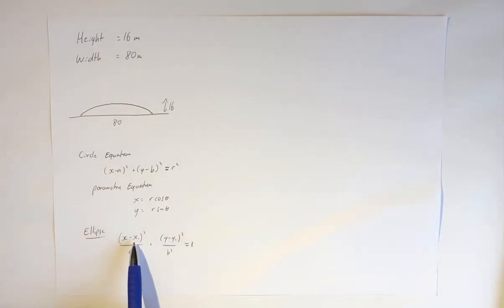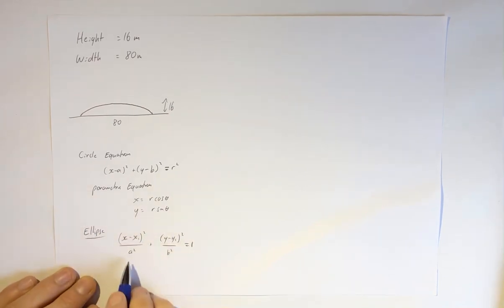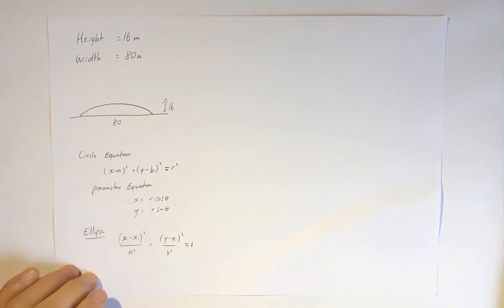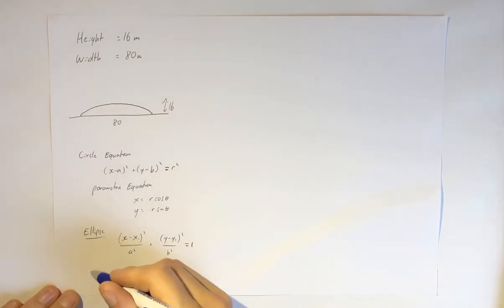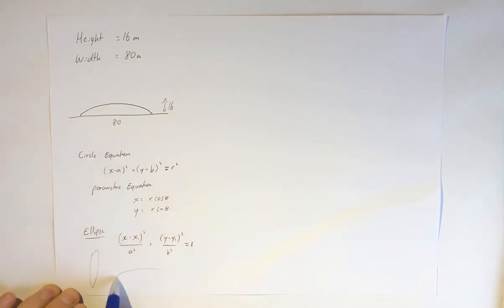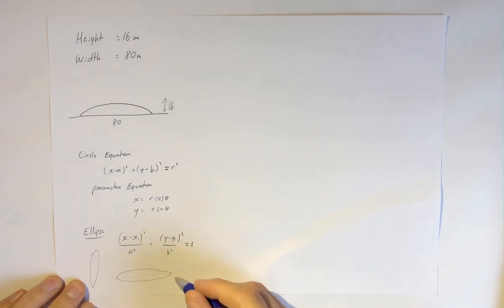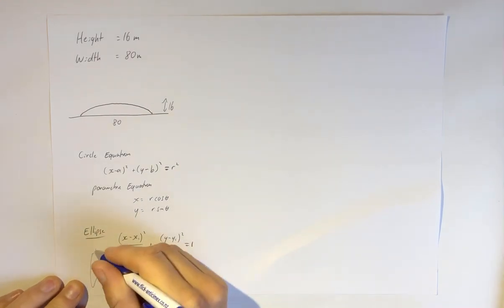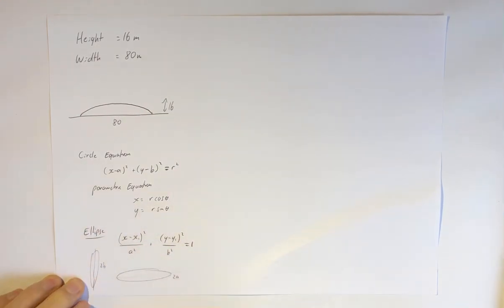This is an ellipse centered at x1, y1, and if you remember, A is half of your major or minor axis, and B is half of your major or minor axis, depending on the orientation of your ellipse. Here, your major axis is 2A, and here your major axis is 2B. So just be aware of that.